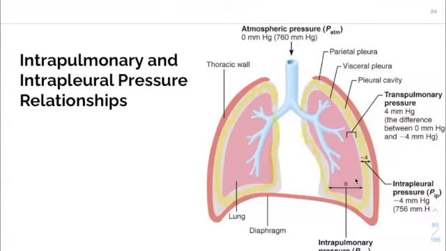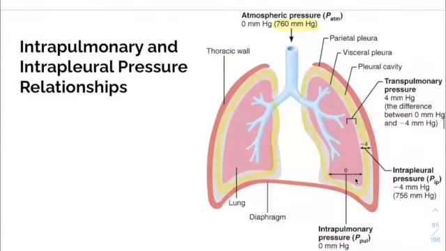The lungs, while at rest, when you're not breathing in or out, sit at 760 millimeters of mercury, or 1 atmospheric pressure. The intrapleural pressure is always going to be about 4 millimeters of mercury less, so about 756 millimeters of mercury, again, when you are at rest.